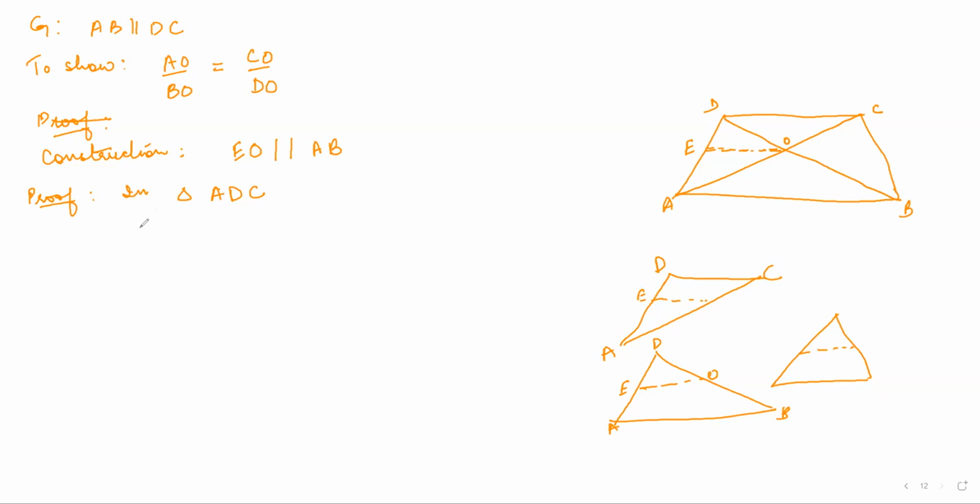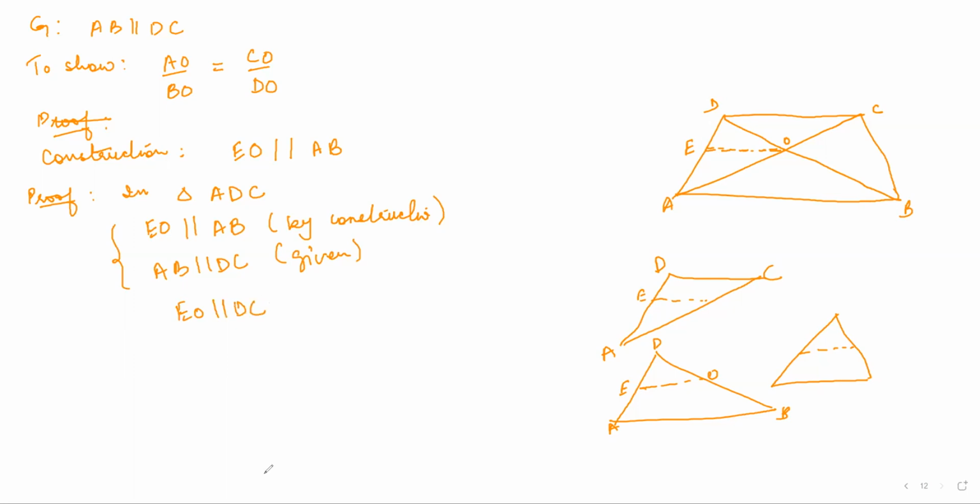Yes, ma'am. Okay. Now see here, I have two things here. EO is parallel to AB actually, right? By construction. And it is already given that AB is parallel to DC. So from these two, can I say my line EO will also be parallel to DC?